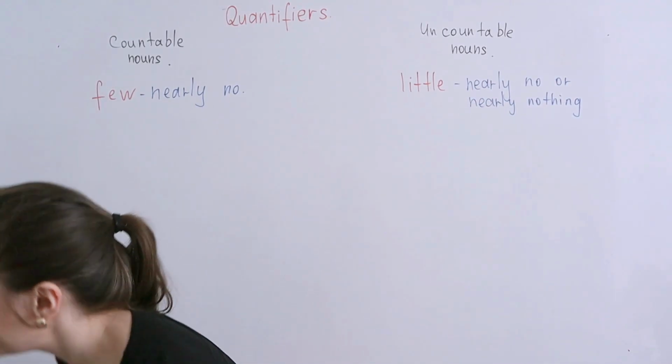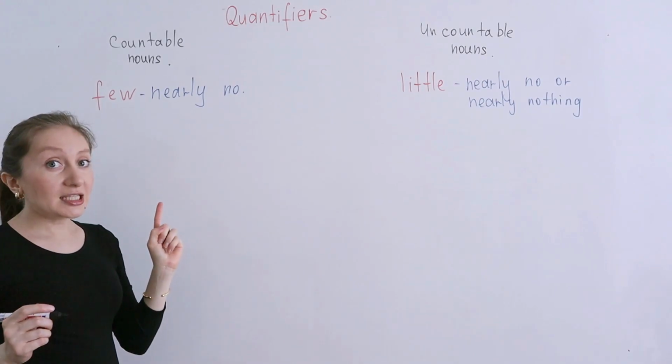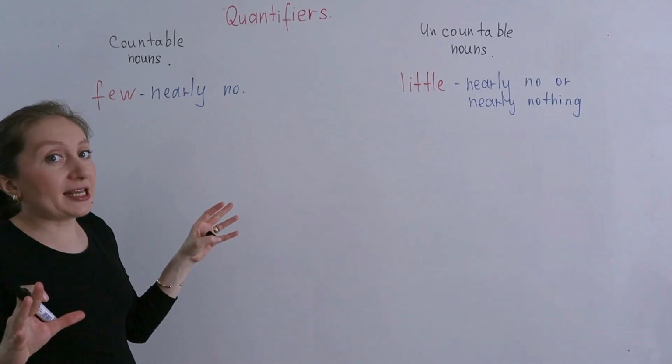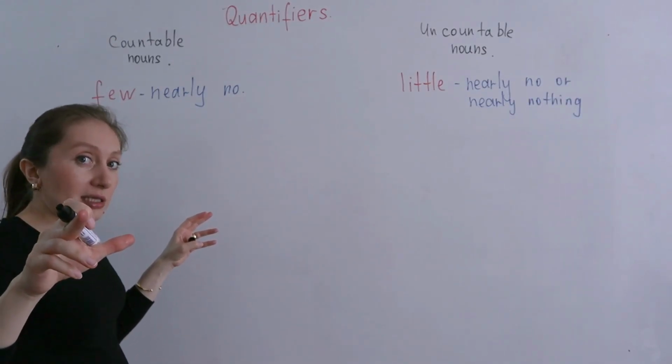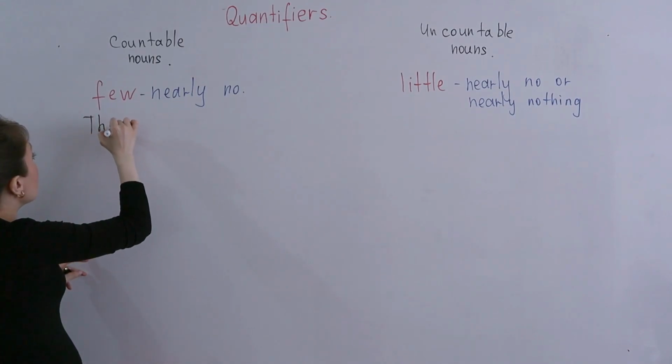The example is, there were few students in the library. It was nearly empty. Empty, you can translate it and then you'll get the idea. So let me write the sentence.